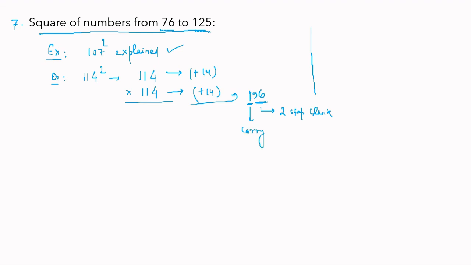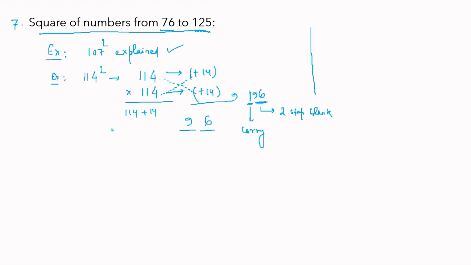Now, what exactly are the further results? If you remember, our step 3 was to do a sum of numbers in a cross-functional format. In this case, the cross-functional format will be 114 plus 14, and the sum that we will obtain is 128.